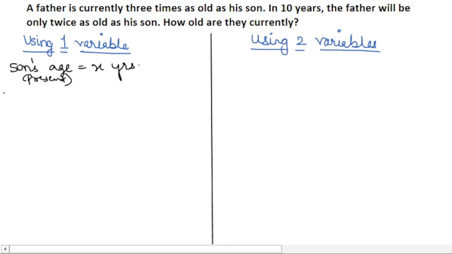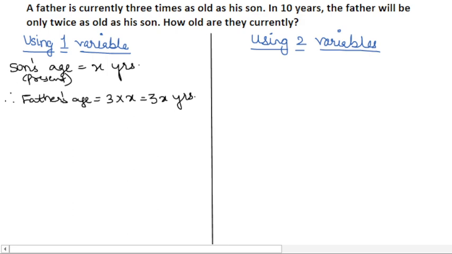Therefore, the father's age, according to the question, is 3 times as old as his son. So if the son is x years, the father's current age is 3 times x, which is 3x years. This is again the current ages.